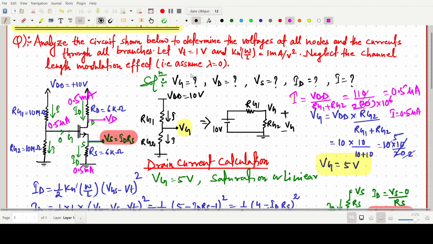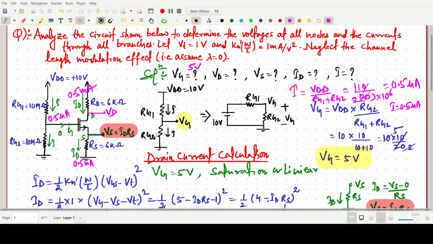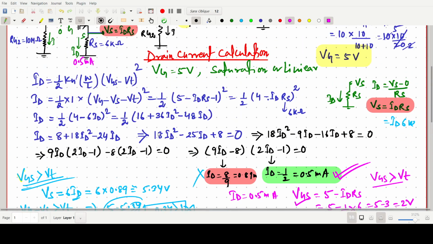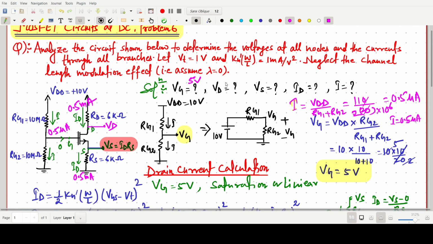Here I am writing the VG value is 5 volt. We have found the VD value will be around 7 volt. VS value will be ID into RS, so it should be 3 volt, with a 7 volt drop across RD from 10 volt.